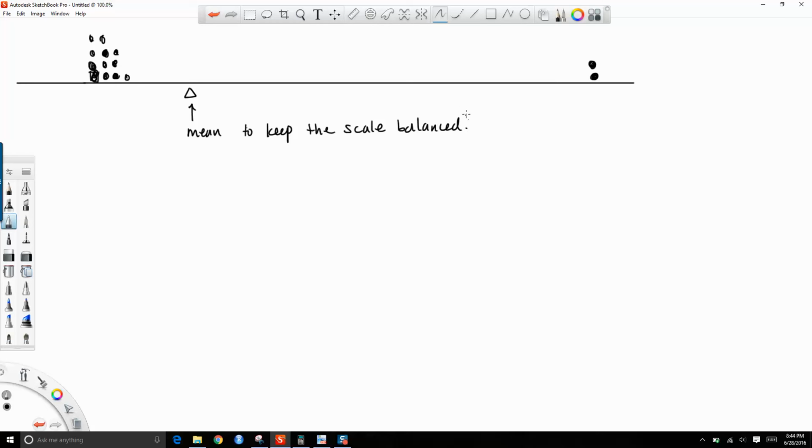Okay? And so in this case, in order to accommodate these two out here, the mean suddenly gets pulled out here, and then, is this a representative value?